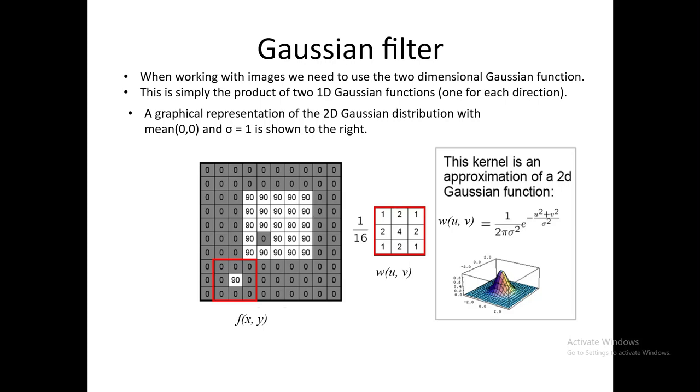Here a graphical representation of the 2D Gaussian function with the mean at 0 0, and sigma equal to 1 is shown on the right.